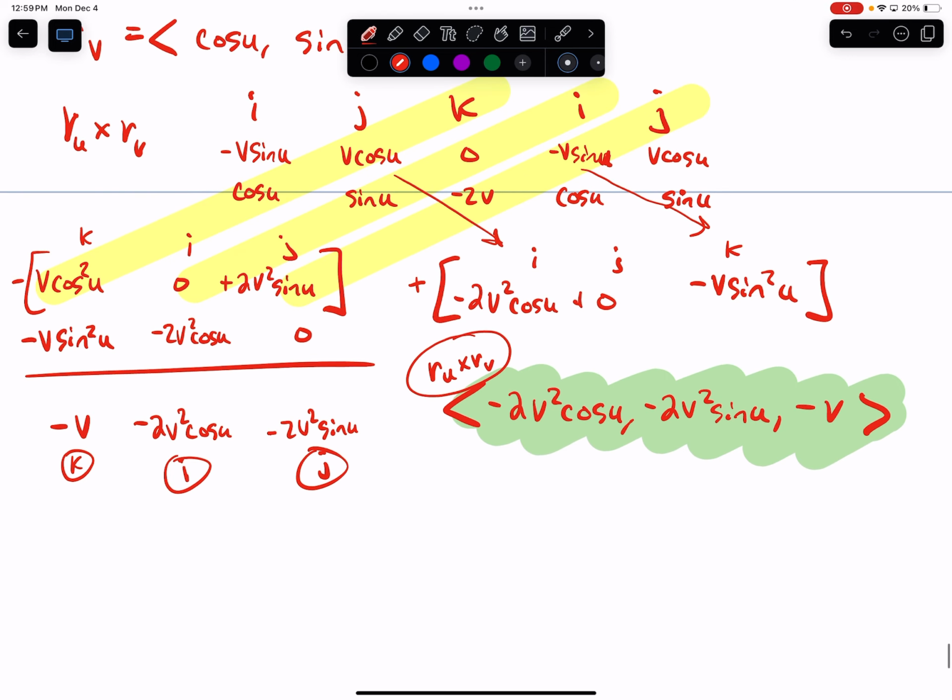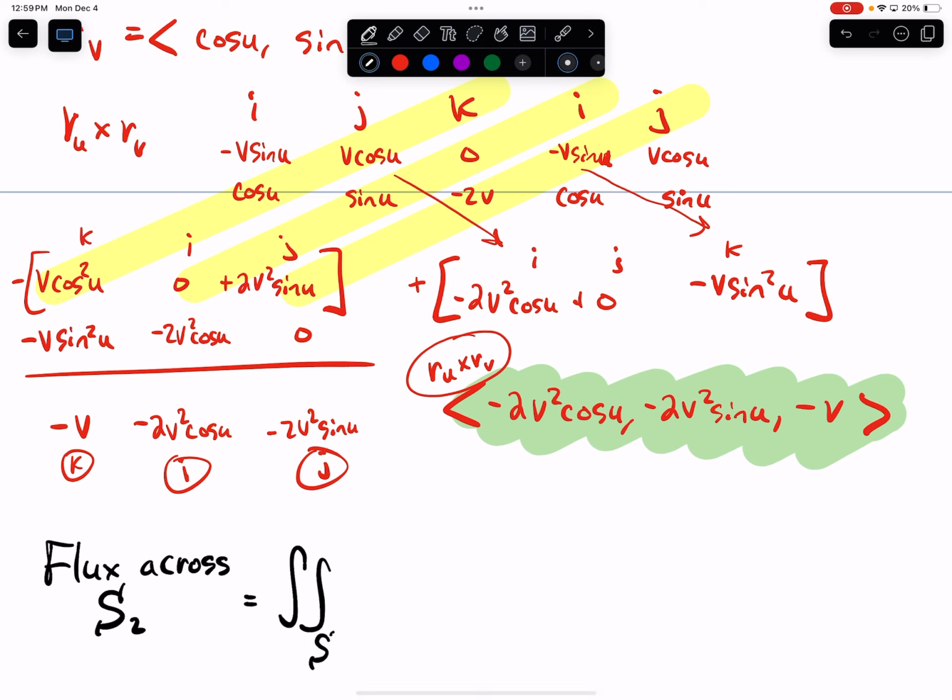All right? So now I would cross this to get the flux across S. So the flux across S2 is equal to a double integral across the surface of S2, F dot n dS.